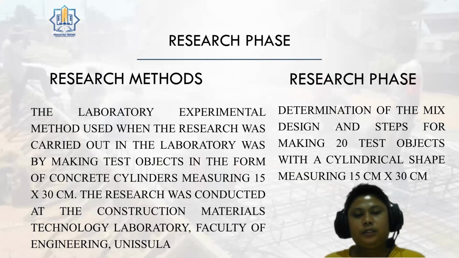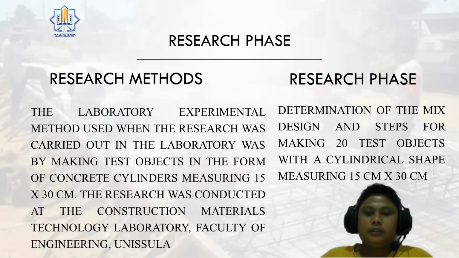The research was conducted at the Construction Materials Laboratory, Faculty of Engineering, Surabaya. We do the determination of the design and steps for making 20 test objects with cylinder shapes.